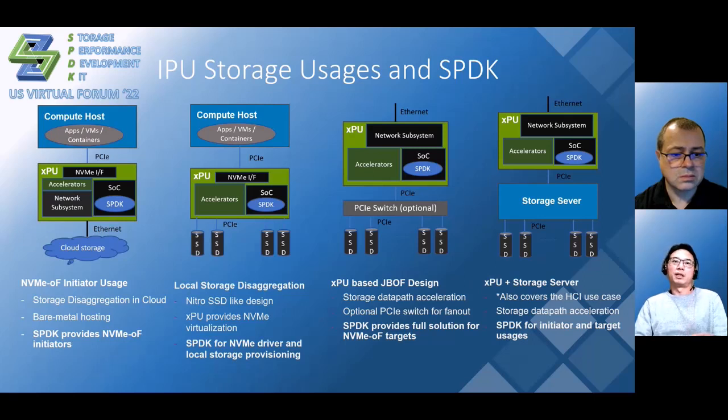The XPU, in this case, exposes one block device interface. We are talking about NVMe as the primary block device interface in this presentation, but you could see some other block device interface such as virtio-blk. So in this picture, XPU basically provides a native PCIe device function, an NVMe interface, to a host.